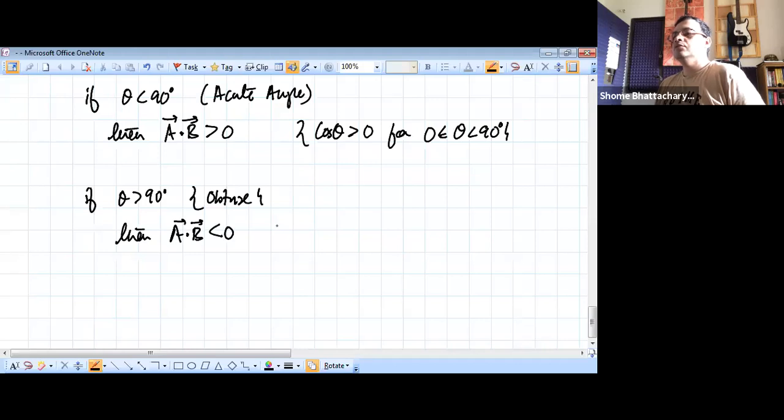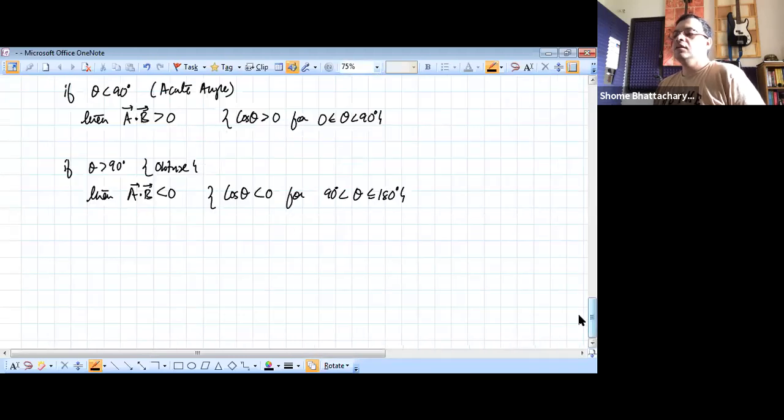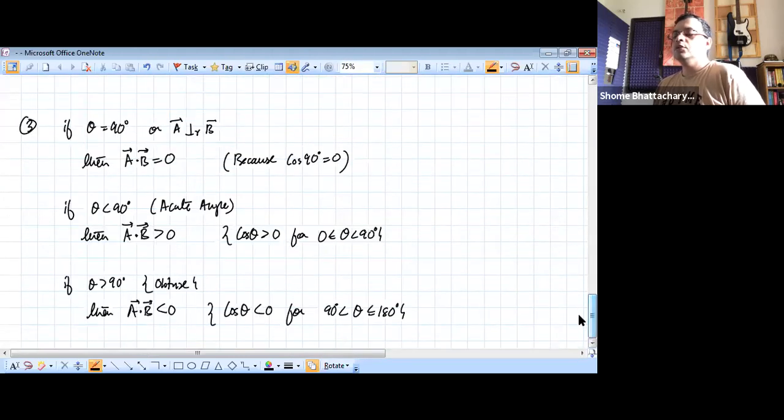It's less than 0, because cos theta is negative in the second quadrant, as you know, when theta is greater than 90 but less than or equal to 180 degrees. So depending on the angle, the scalar product or the dot product of two vectors can be positive, it can be negative, and it can also be 0. But it can be 0 only when we are talking about perpendicular vectors.